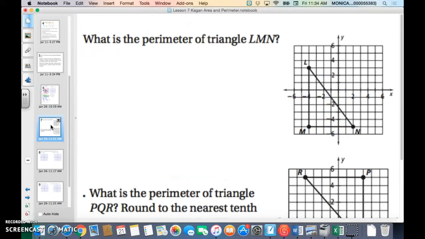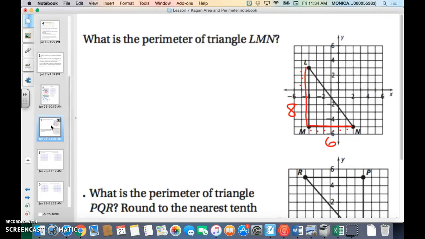Now let's look at how we would find the perimeter and area of a triangle. Well, what's beautiful about this triangle is that 2 of the sides, I just simply count. This is 1, 2, 3, 4, 5, 6, 7, 8. And this side is 1, 2, 3, 4, 5, 6.